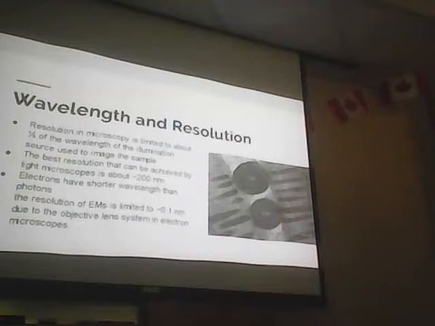Normally a light microscope is only about 200 nanometers. But for an electron microscope, it can reach maybe just 0.1 nanometers. So it's pretty different from the light microscope, but the theory is pretty similar, and we will see later.